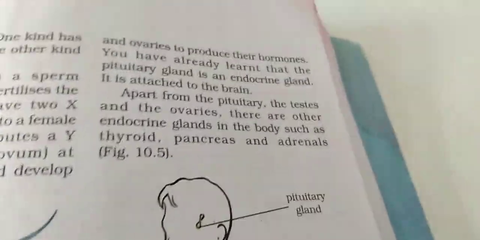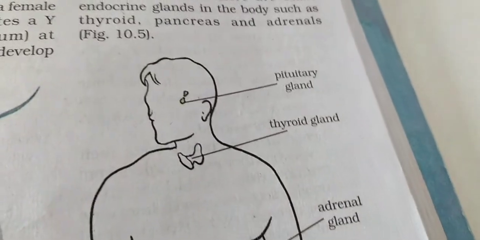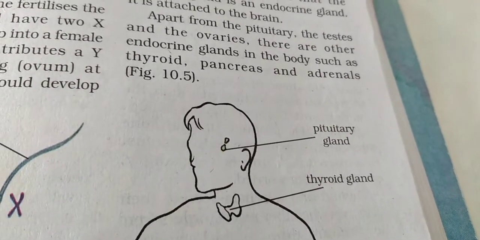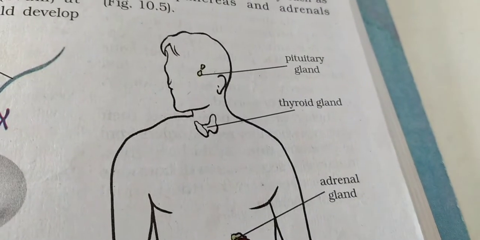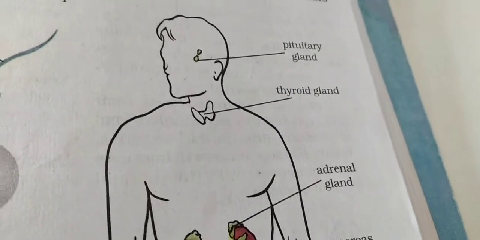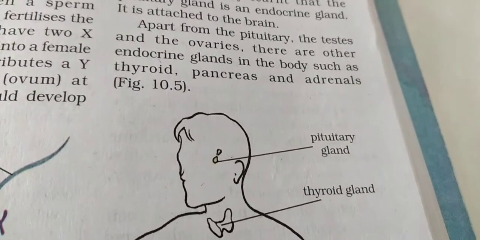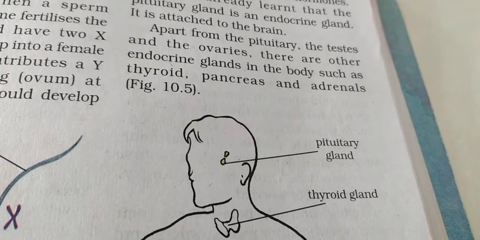The pituitary gland, ovary and testis are responsible for reproduction, and the other glands which we are going to talk about are responsible for several other developments in the body. Some of them secrete digestive enzymes, and some control body growth.